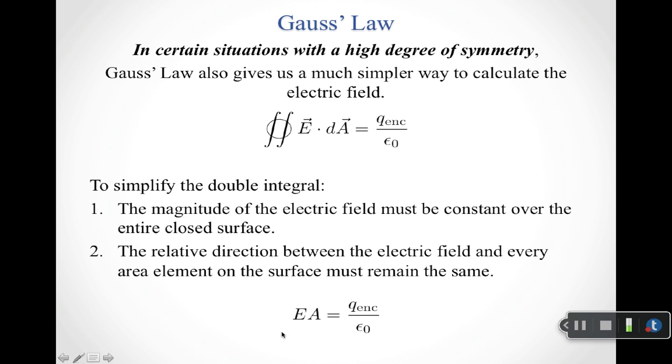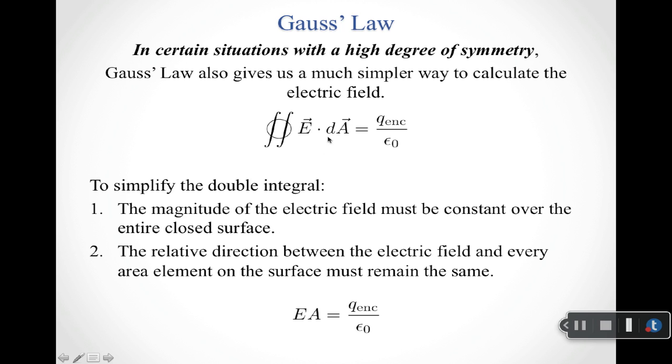And so this gives us an easy way to calculate the magnitude of the electric field by simply dividing Q enclosed over epsilon naught by the area of the surface that we've picked, our Gaussian surface. But this only works if we can simplify the double integral. So what are the two things that we have to do?